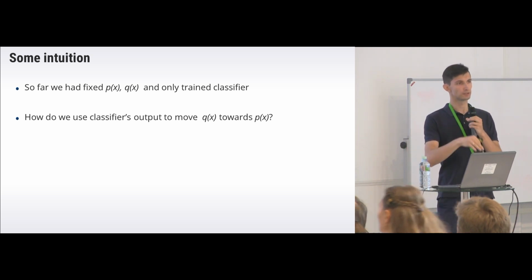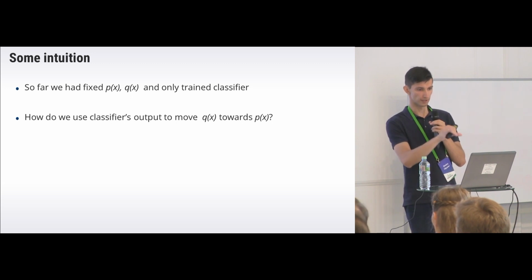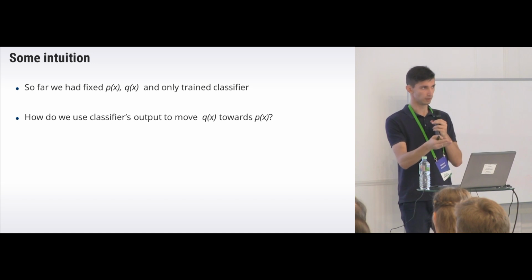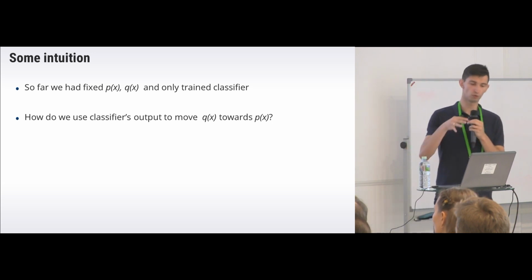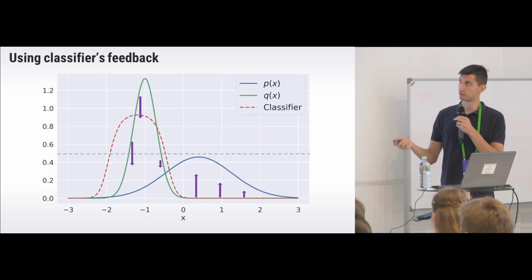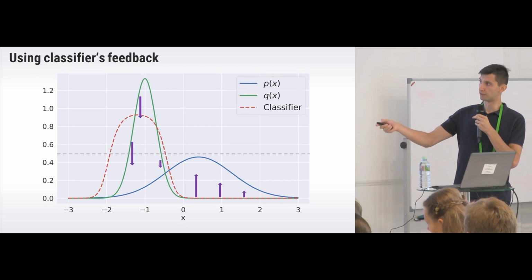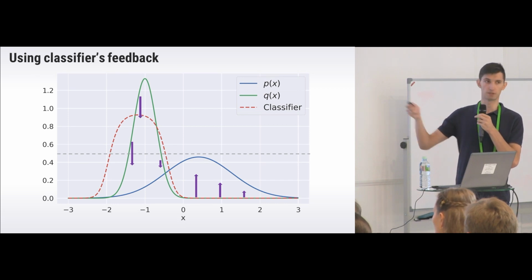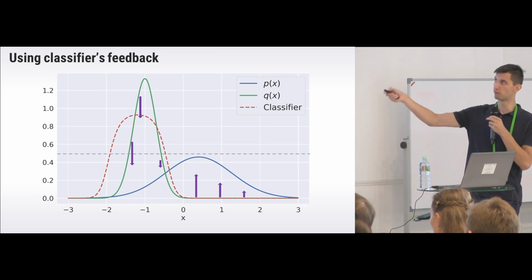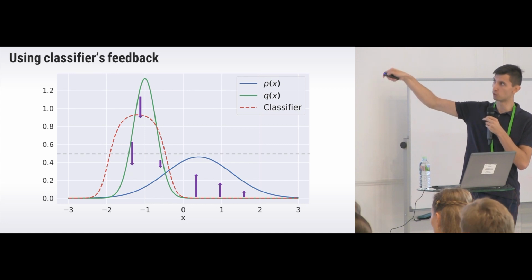So far, we fixed P and Q, two distributions for each class, and trained a classifier. Can we use the output of the classifier to move the distribution Q of x towards P of x? In fact, we can. If the density is the same, the classifier should give us 0.5. If it gives something above 0.5, we should push the green curve down.